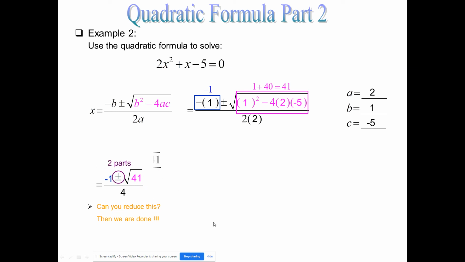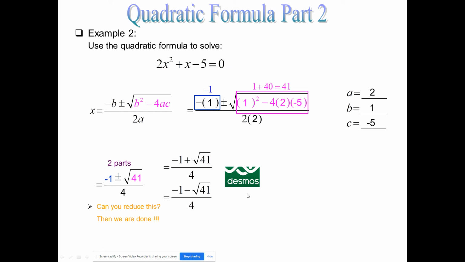But we'll go ahead and rewrite them as our two roots, our two x-intercepts. So we got the plus, and we've got the minus. And then we go from here by using Desmos, and we put it in decimal form. Okay, so you guys should be able to do that. Okay, you should probably check it on Desmos.